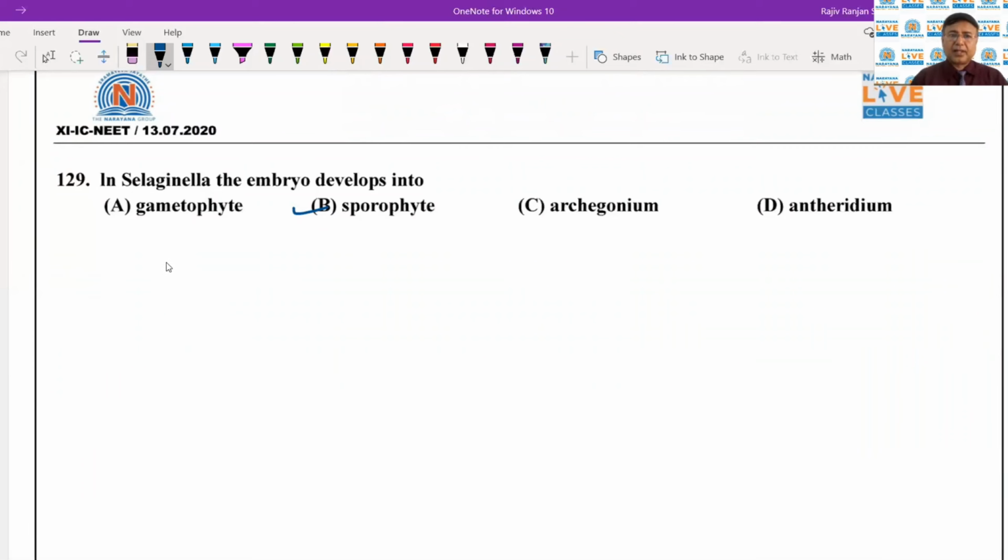So Selaginella is the pteridophyte and it has got the independent sporophyte. So the embryo develops into the sporophyte with the help of mitosis.